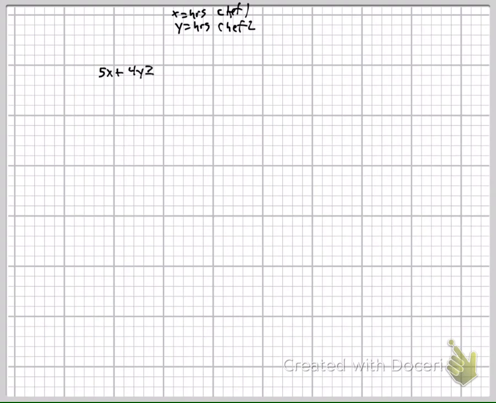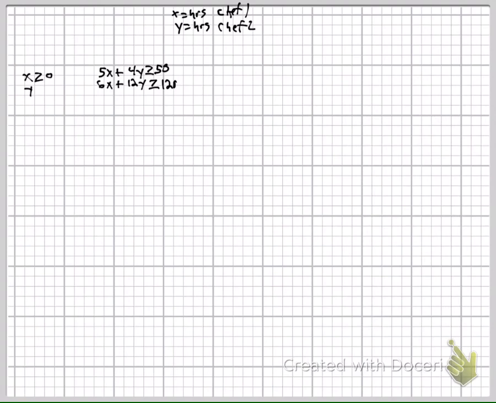So 5x plus 4y is greater than 50, because the potato soup or whatever it is, we need more than 50 quantities of it, and the first one can do 5 quantities of potato soup in an hour. The other one can do 4, so we know that that's our equation. That's the equation for the tomato soup.